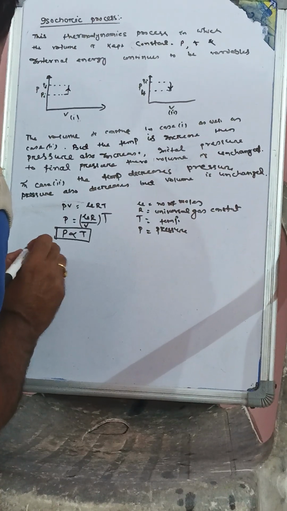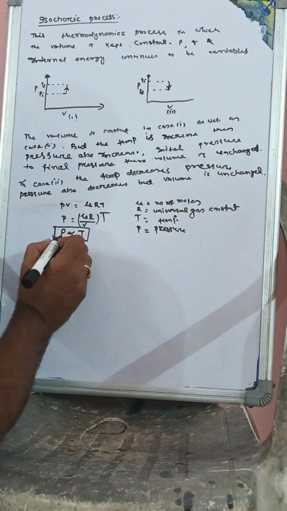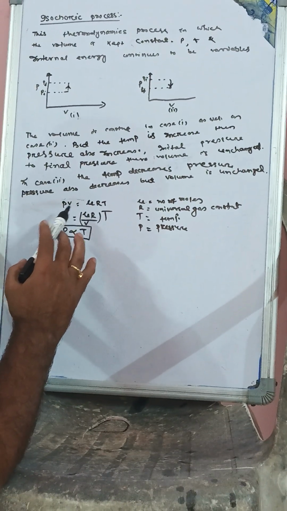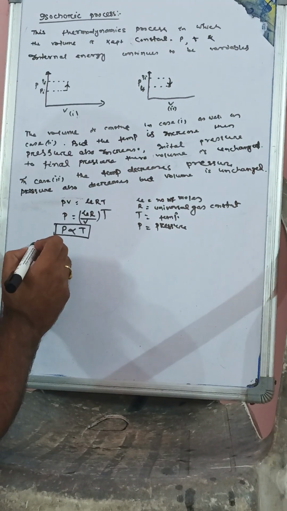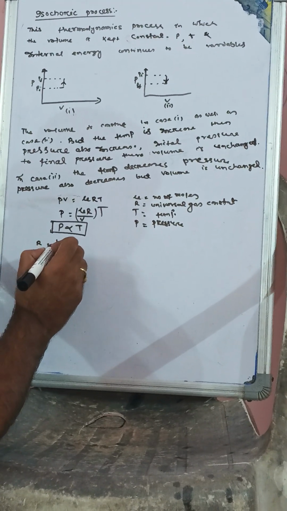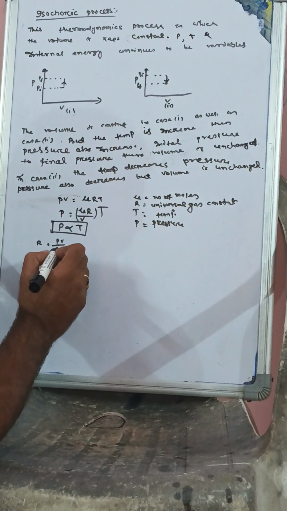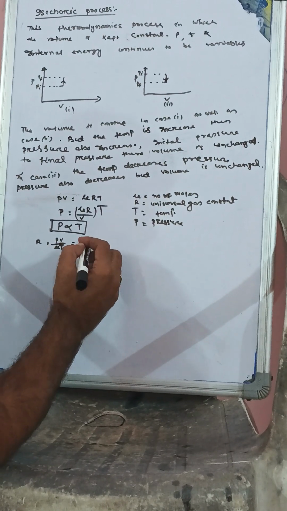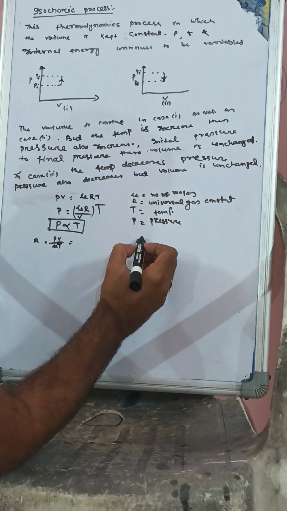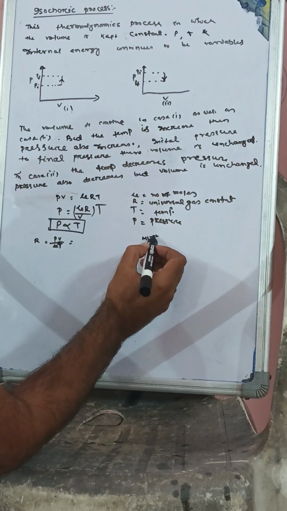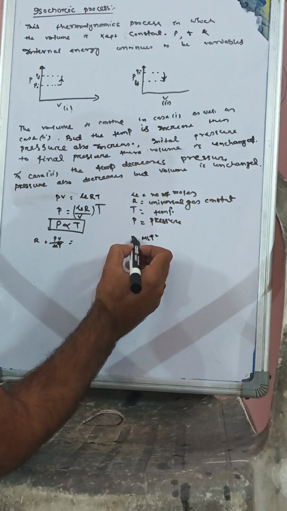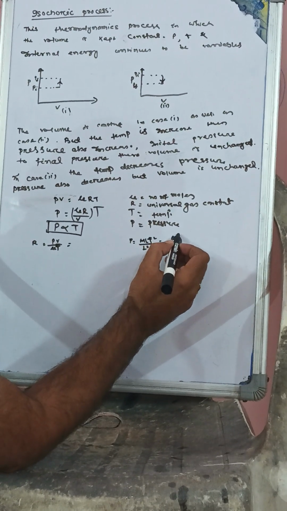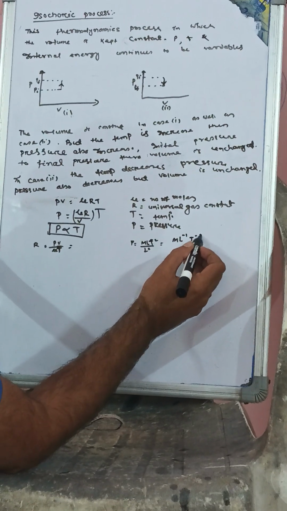Then PV equals mu RT, so R is equal to PV divided by mu T. Pressure is force per area, that is M L T minus 2 over L square, which is M L minus 1 T minus 2.